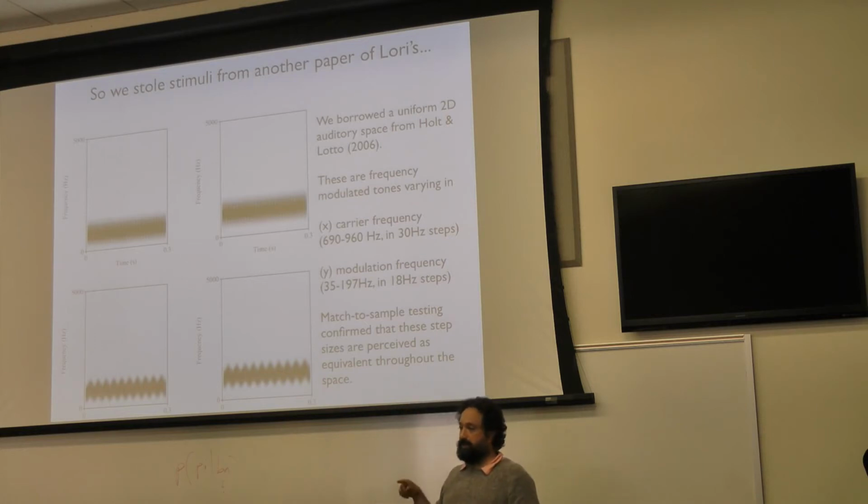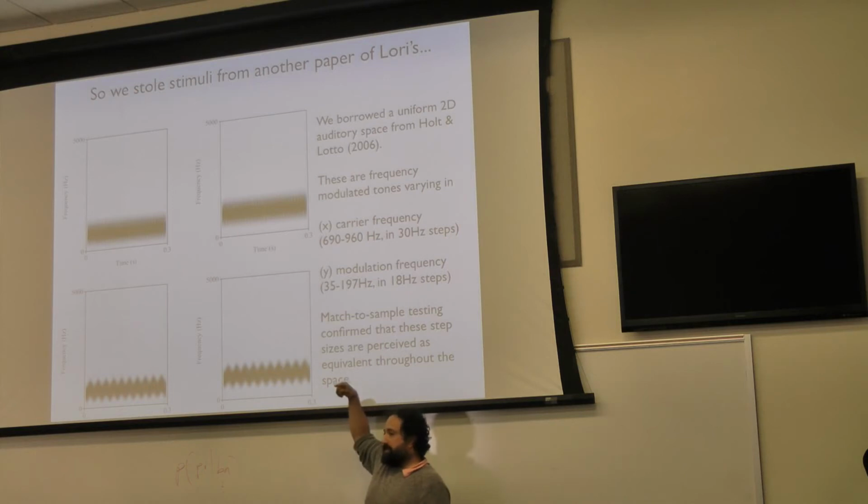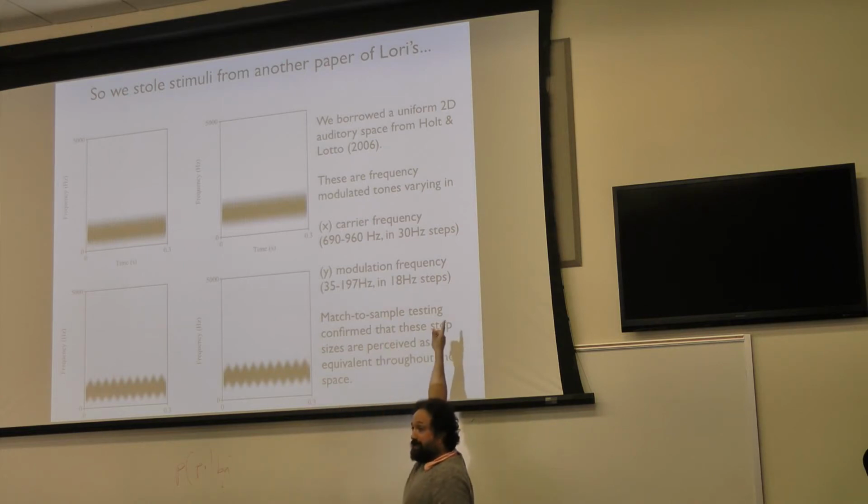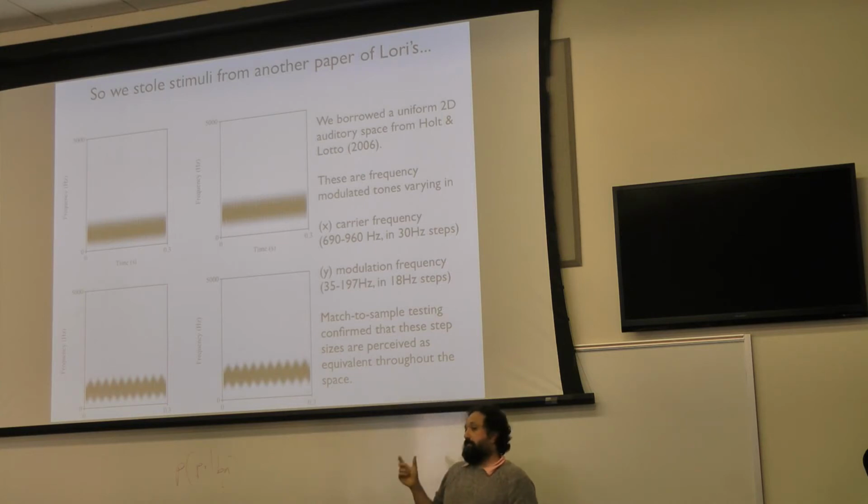And we did some match-to-sample testing to suggest that each step, if you move one perceptual step, you're moving one step in perceptual space. So if you move diagonally through this space, one position, that is perceived as the same difference, right? So it's really a uniform perceptual space.